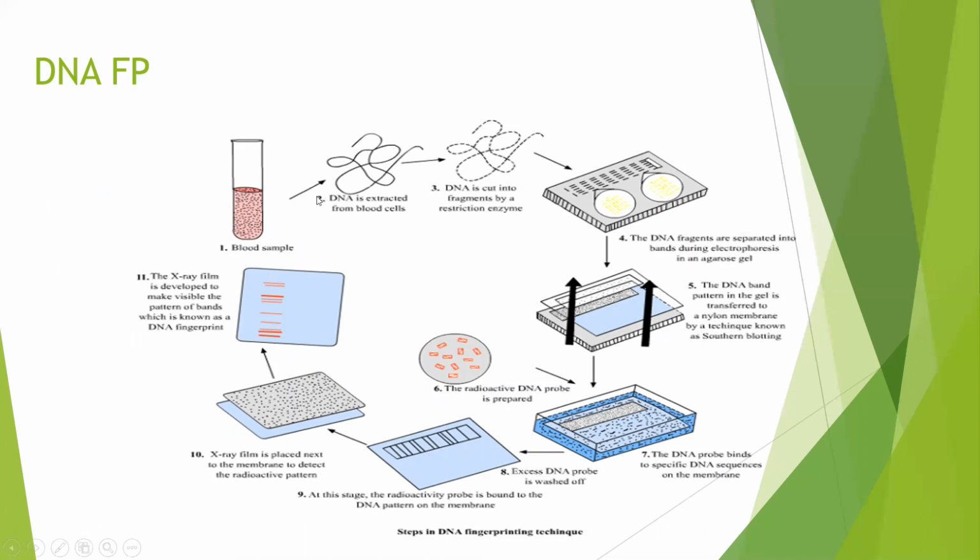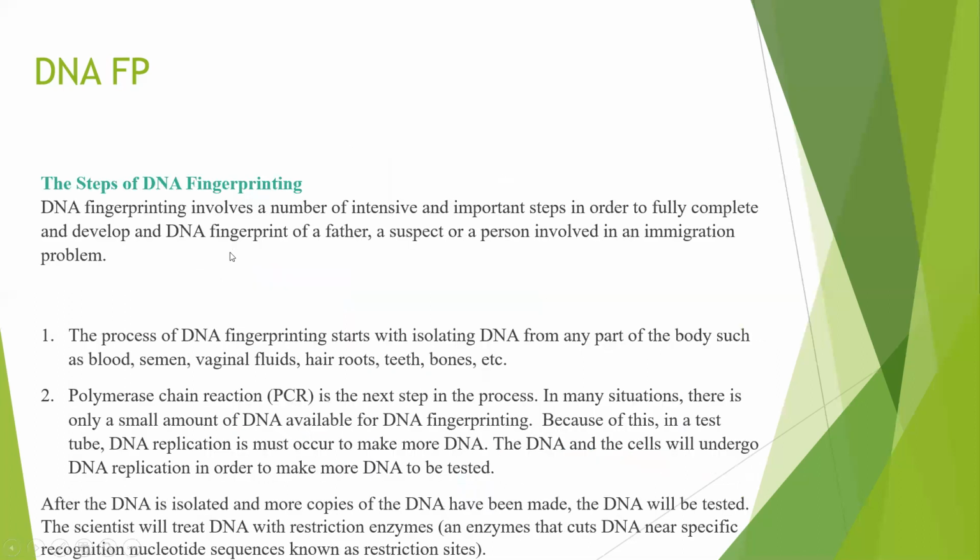Next, the DNA is extracted from the blood cells. This is the DNA. First step, you take a blood sample or semen, vaginal fluids, hair roots, teeth, bones, etc.